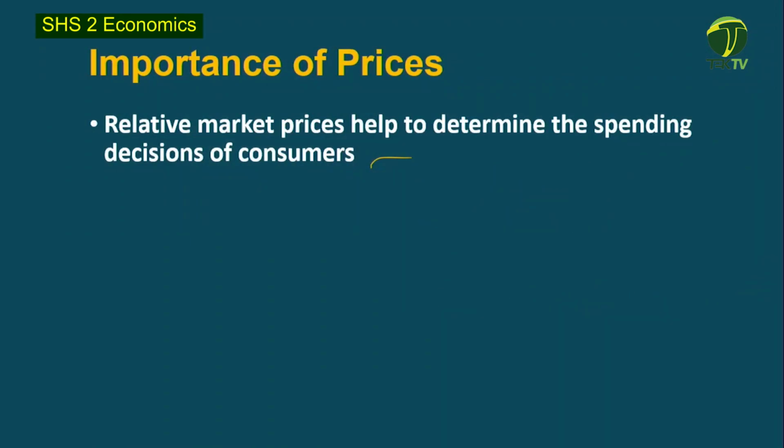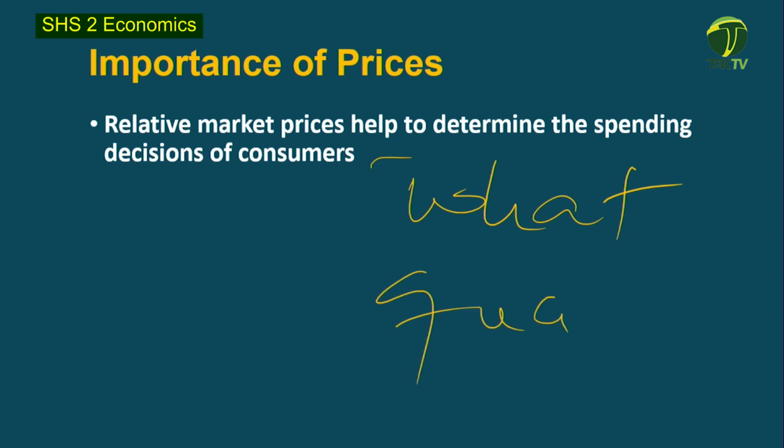Decisions on what the consumer wants to buy, decisions on the quantity of goods that the consumer will buy, etc., are based on price. So prices help the consumer to take spending decisions.